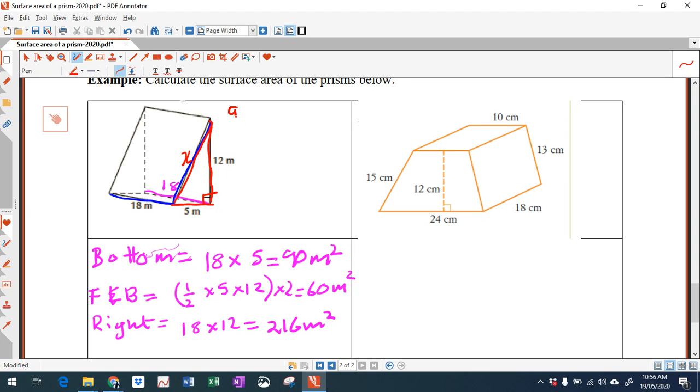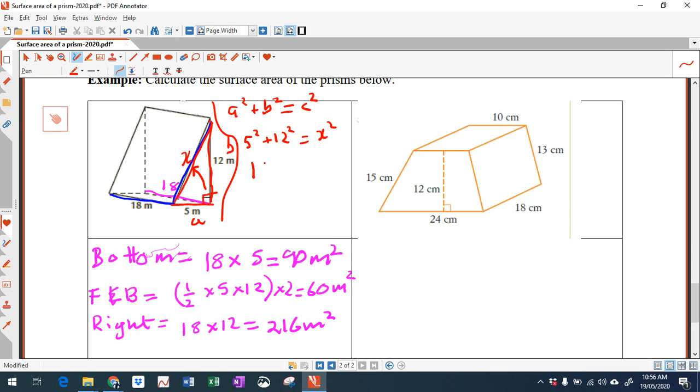Now remember, Pythagoras' theorem is a squared plus b squared equals c squared. Remember, a and b are these two sides, and the longest side is always c. So you're going to have 5 squared plus 12 squared equals x squared. Let's draw a little dividing line here.